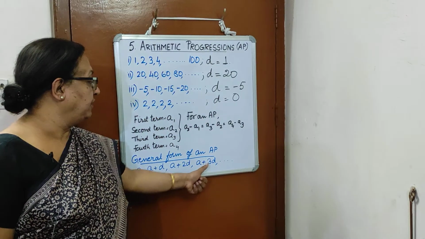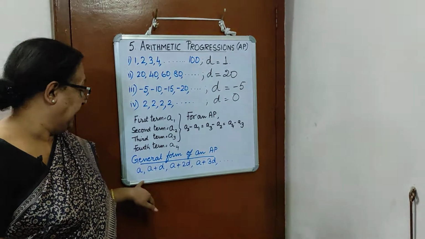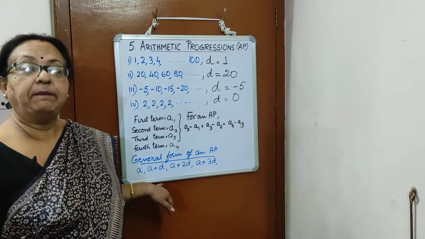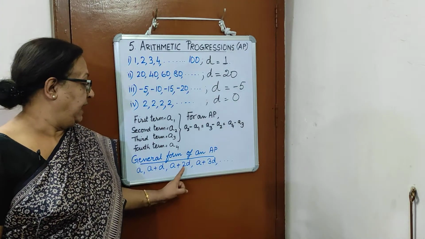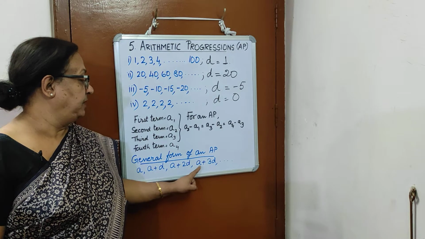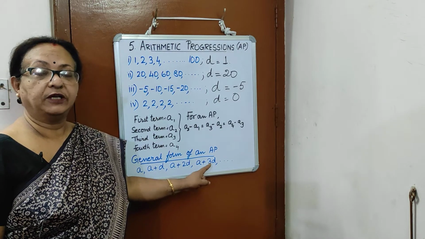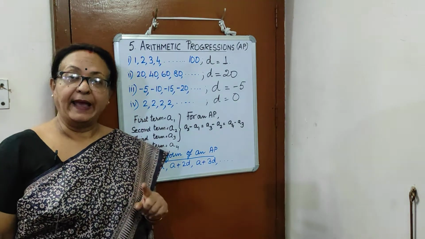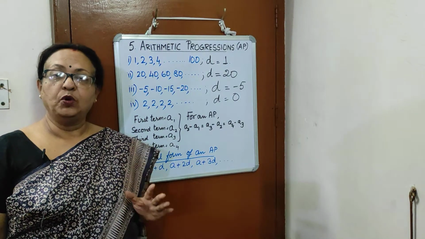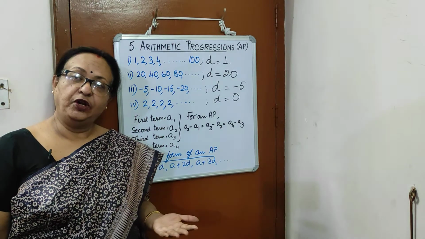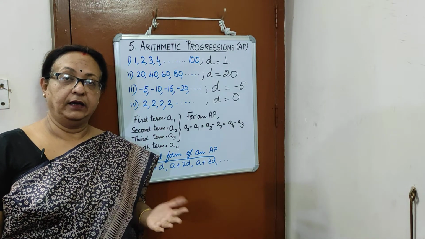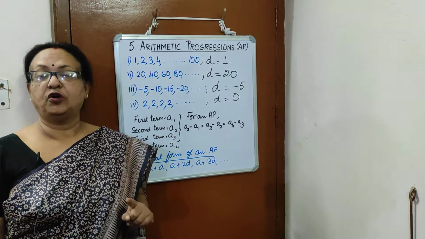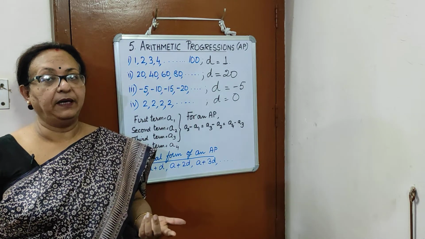So this is the general form of an AP, where a is the first term, a plus d is the second term, a plus 2d is the third term, a plus 3d is the fourth term, and so on. Therefore, to form an AP, if you know the first term, is it enough? No. If you know the common difference, can you form an AP?